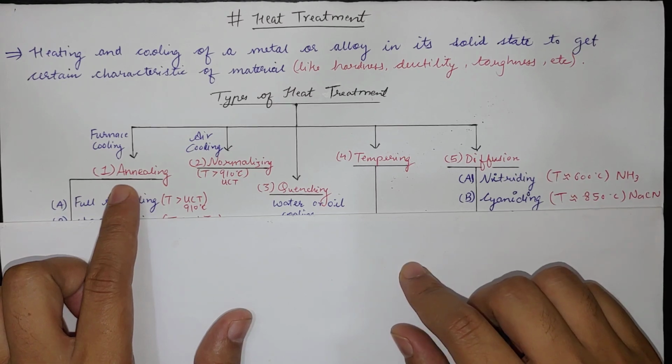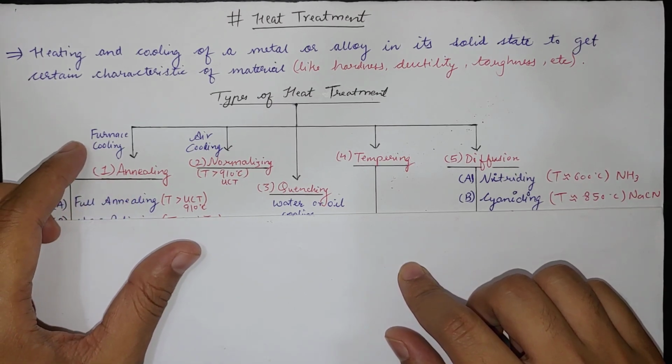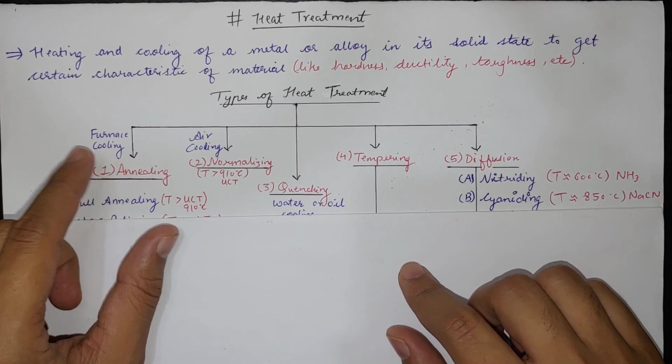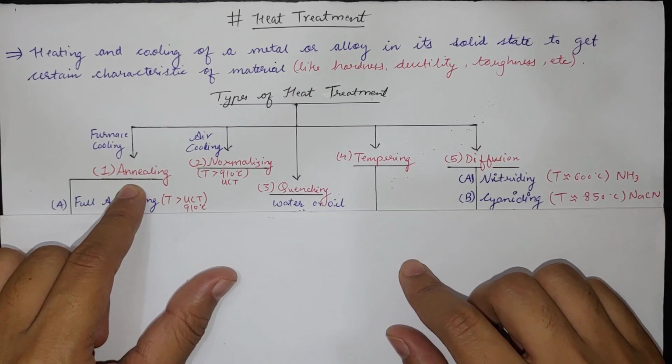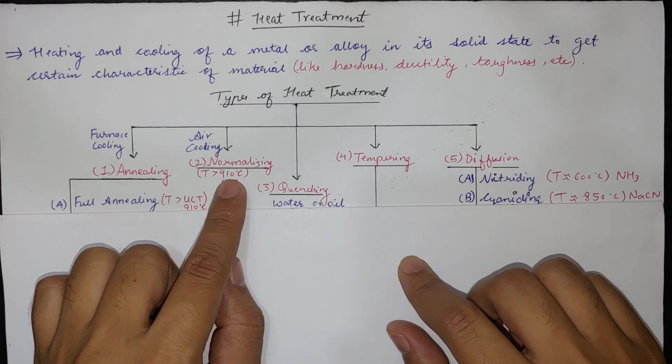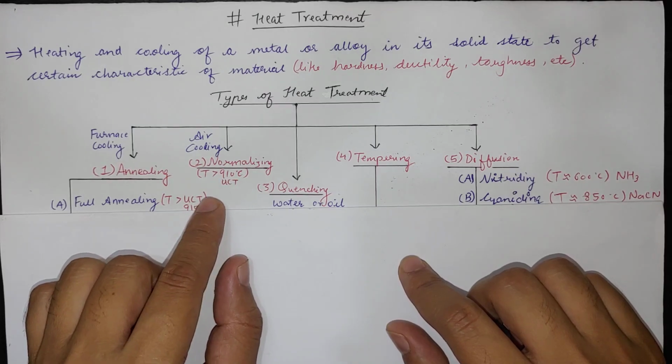First one is annealing, in which we heat the material and then cool in the furnace, so it is called furnace cooling. The second is normalizing, in which we heat the material and then cool it in the air.